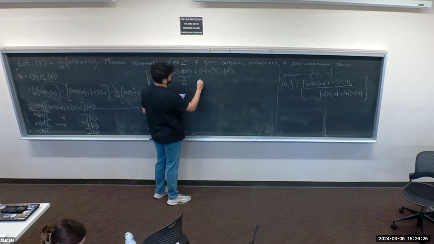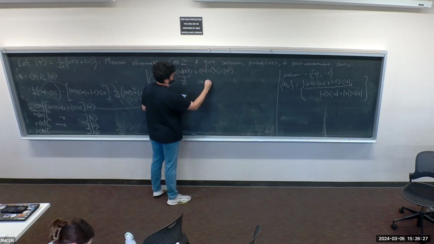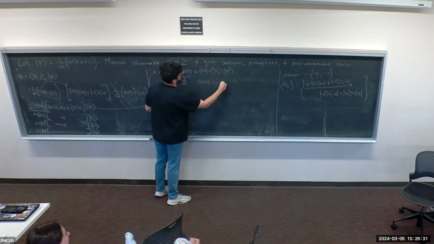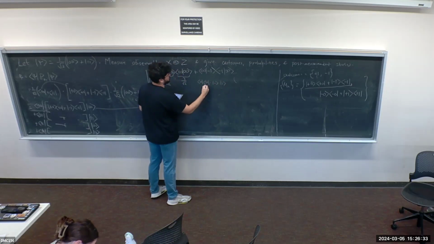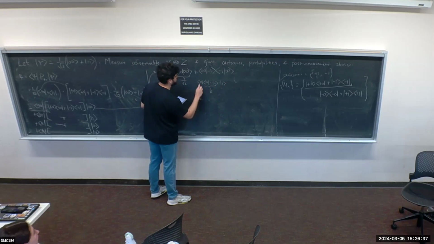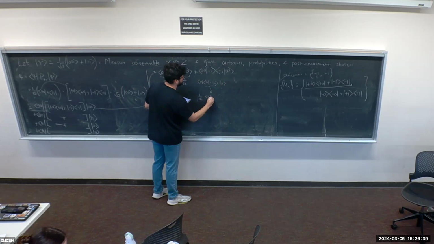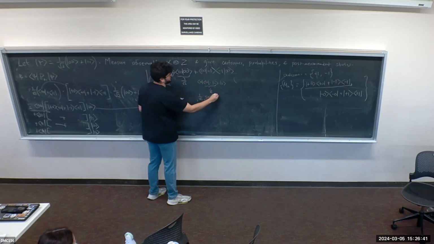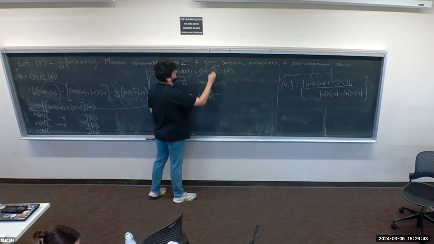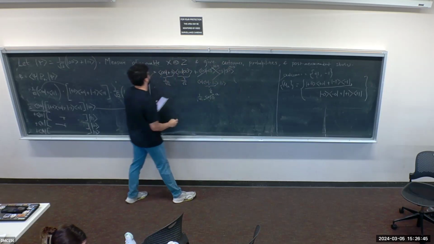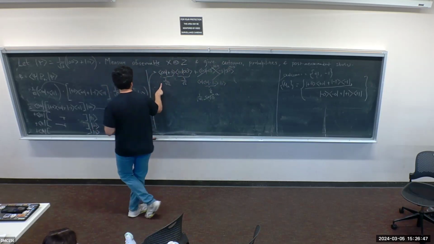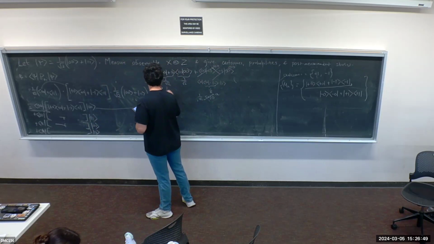Now here, this is 0 tensor 0 multiplied with minus tensor 1. Now this is 1 over root 2. If you pull this out, you have 1 over root 2, 0 and 1. But this is 0. So this whole term gets annihilated, this also gets annihilated. So from the first term, you get a factor of half.